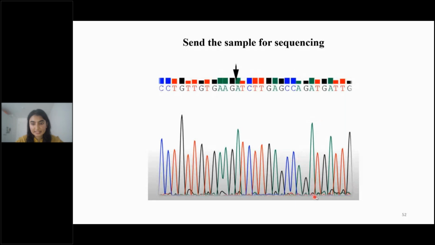So green represents A, this orange represents T, black is G. If the peaks are nice, it means the results are more reliable. But if there are overlapping peaks, as you can see here, very overlapping and not good peaks, then it means the results are not reliable. And then you see how the gene is knocked out or not.